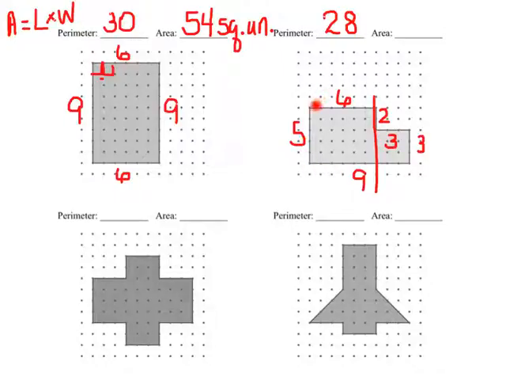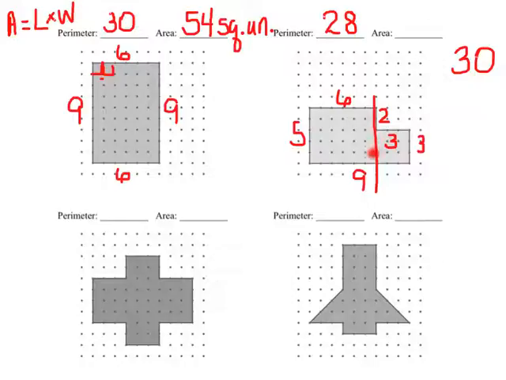To find area, I'm reminded that area is the length times the width. And I can't take the 9 because the 9 was the whole length from here to here, and I only need this portion. So I'm going to take the area of this one and get 6 times 5, and that would be 30. So I have my 30. I'm going to put that over here so I don't forget it.